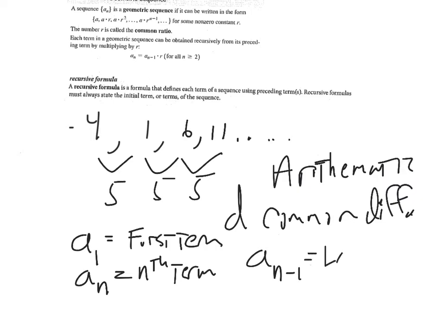And that means the last term that we used, the previous. Let me not use the word last. Let me use the word previous, because I don't want you to get confused with the last term, meaning the very end of it, and the previous term. And that's really all there is to it.